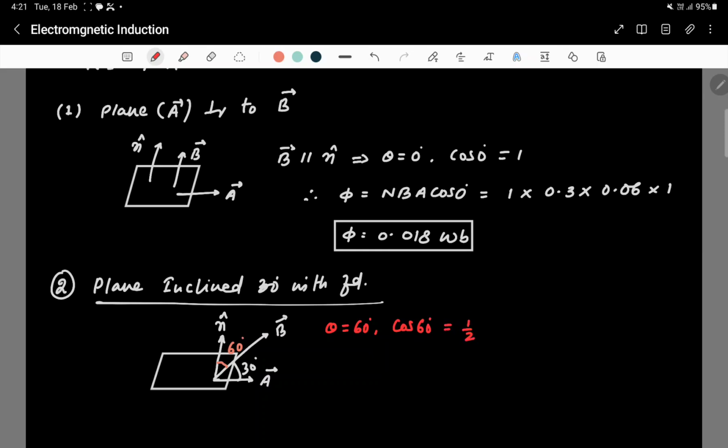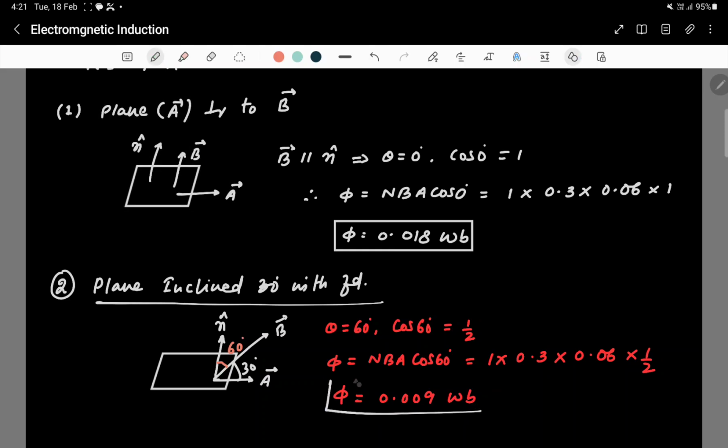Now we can find flux equal to NBA cos 60 degrees. N is 1, B is 0.3, A is 0.06 into 1 by 2. When you calculate this, 6 threes are 18, divided by 2, so it will be 0.009 Weber. This is the flux.